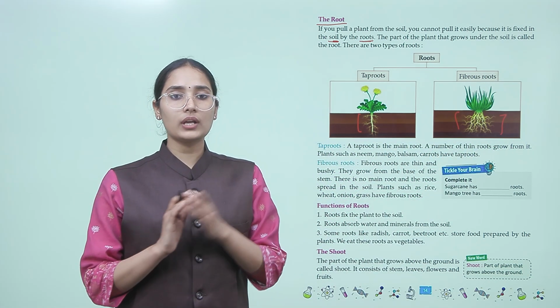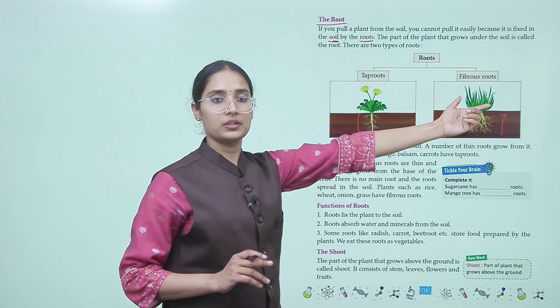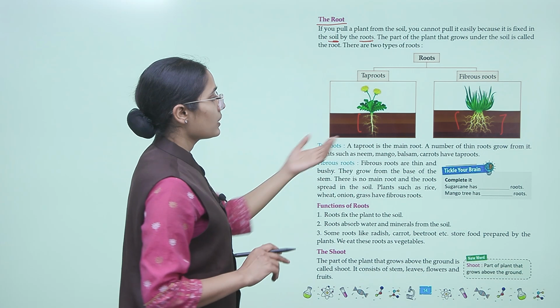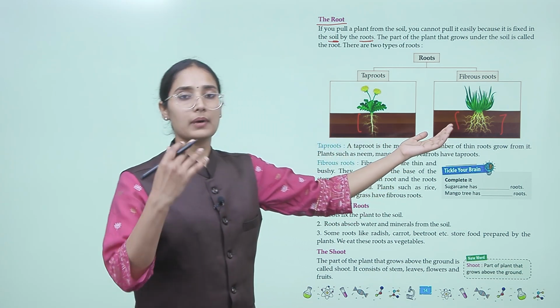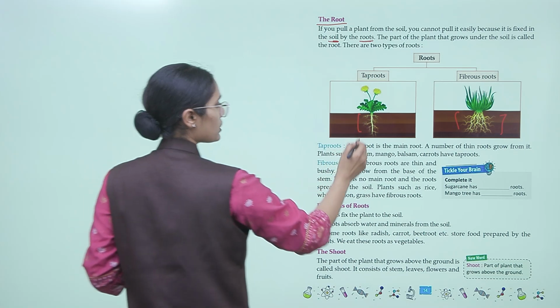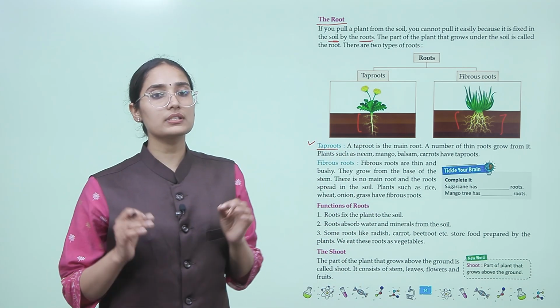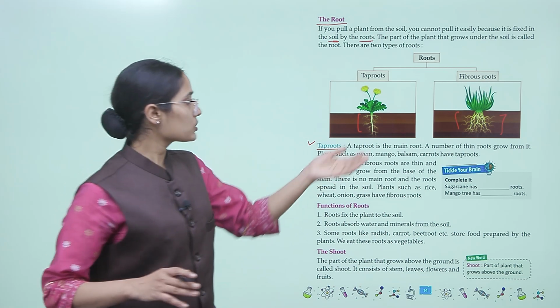So there are 2 types of roots, majorly tap roots and fibrous roots, right? You can easily see them by just looking at them. A tap root is a main root, right? And it looks like a tap only.